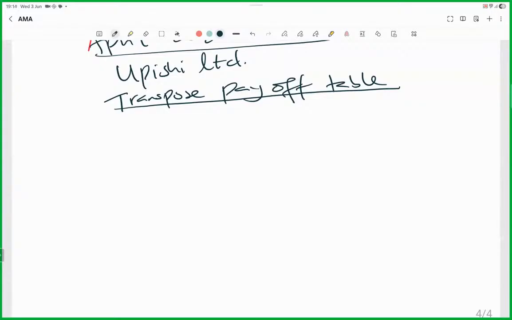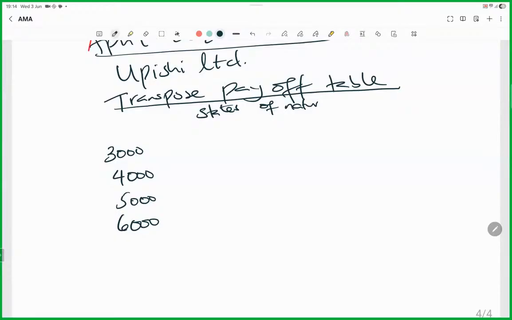So we shall have here our 3,000, 4,000, 5,000, 6,000, and then we have our states of nature up here: low, moderate, and then high.